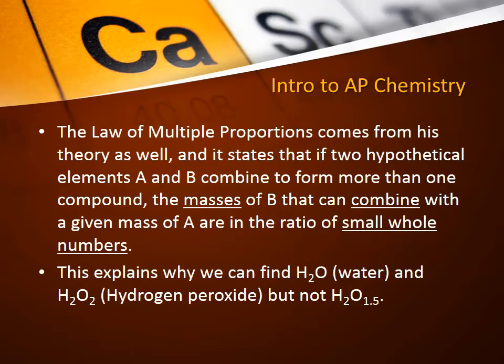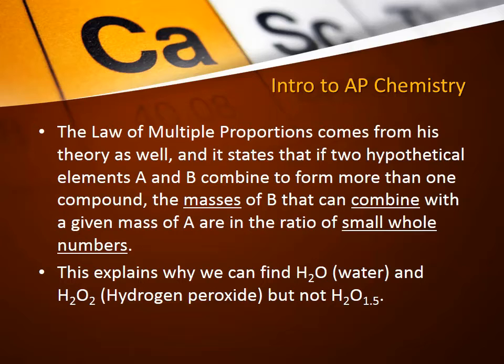Secondly, we can get the law of multiple proportions from this theory. This states that if two hypothetical elements A and B combine to form more than one compound, the masses of B that can combine with a given mass of A are in the ratio of small whole numbers. So, in a little bit more English, or chemistry, this explains why we can find H2O and H2O2.